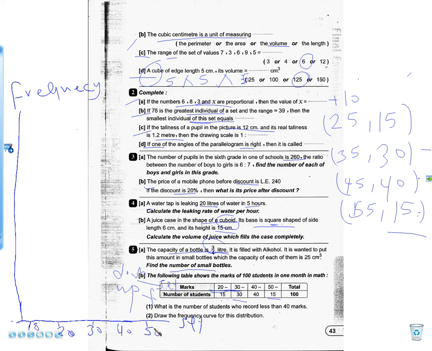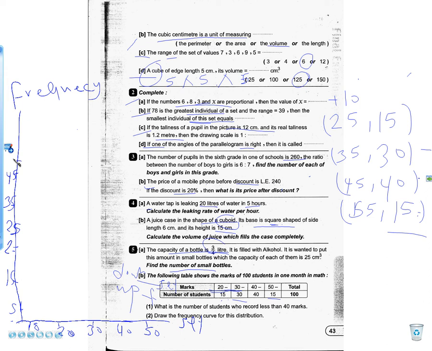Frequency is up: 5, 15, 20, 25, 35, 45, and so on.